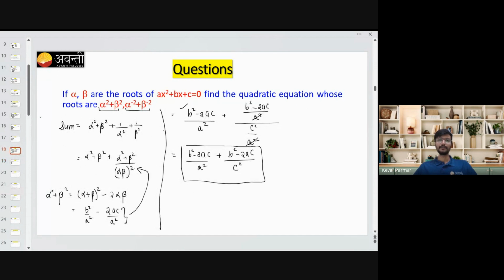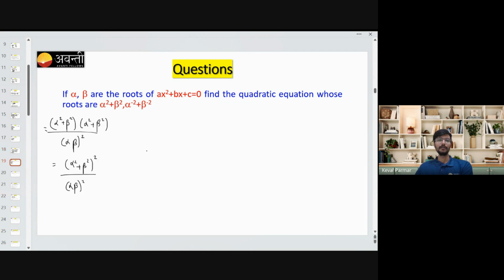Here it is: (b square minus 2ac) upon a square. Let me write it here: (b square minus 2ac) the whole square upon a raised to the power 4.